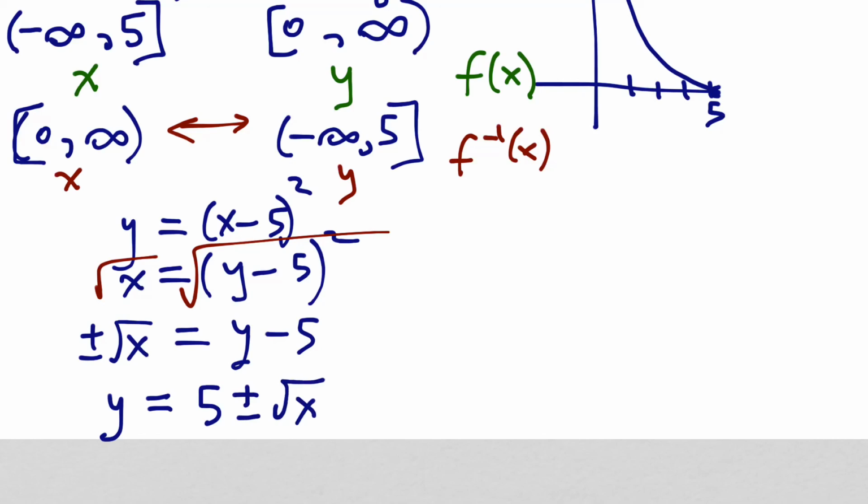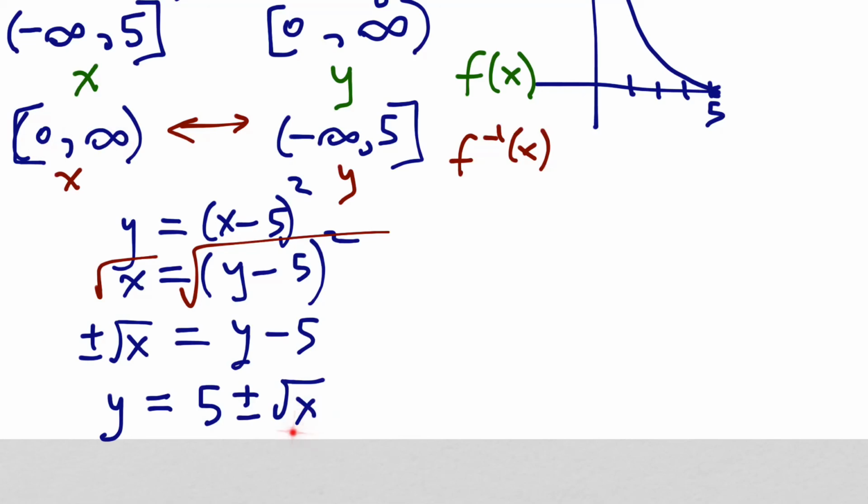All right, now here's where the domain and range come into play because of that plus or minus here. It may be one or the other and not both. So if I look at my possible x values, it says they go between 0 and infinity. Now we're in the all real numbers range, of course. 0 is okay, square root of 0 is 0.